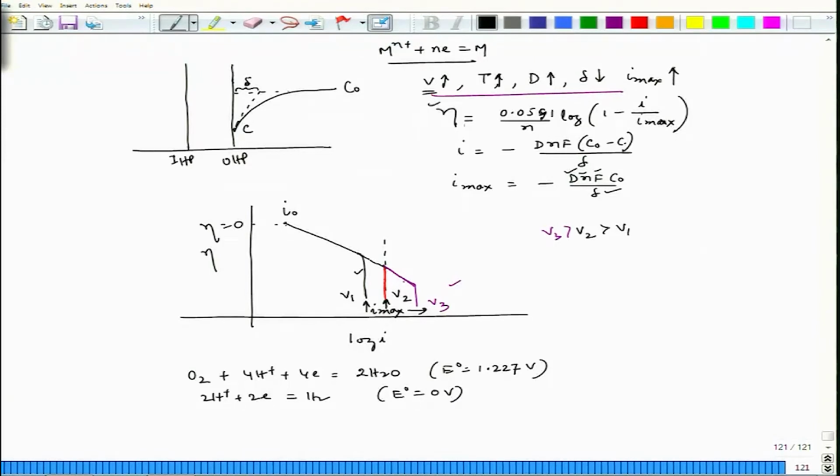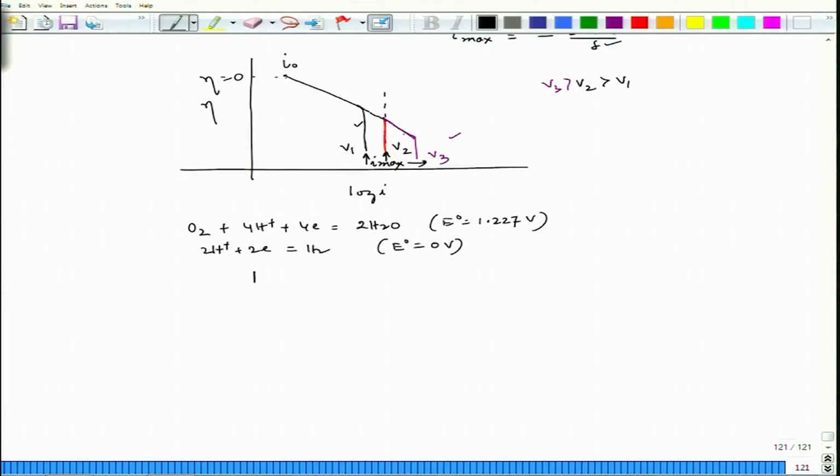If I try to see the response of cathodic polarization, as well as what happens in the concentration as well as activation polarization regime, we can have a response like this. This is log I, this is overvoltage. Now, eta for the oxygen reaction is equal to 0 at this point, corresponding to the potential E0 equal to 1.227 volt.